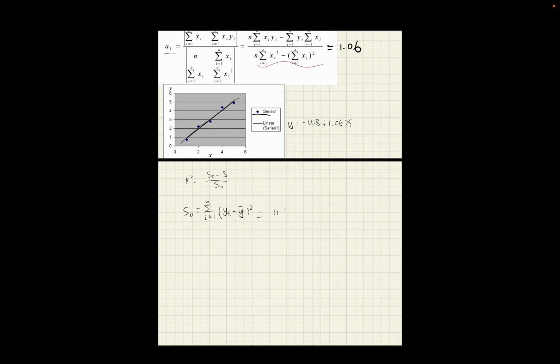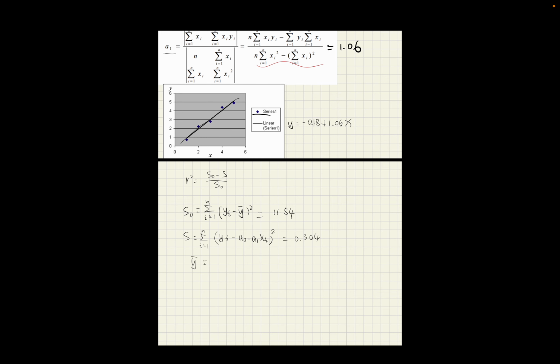We can quickly derive 11.54, and S is the actual value minus the approximated value. To avoid plus minus, we square, and we have 0.304.